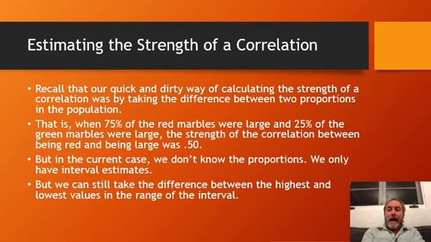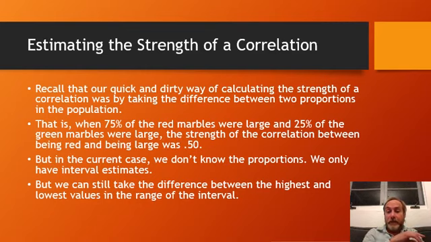Okay, so now, how do we estimate the strength of a correlation? You might recall that the first time we encountered strengths of correlation, we had a quick and dirty way of calculating the strength, which is taking the difference between the two proportions in the population.